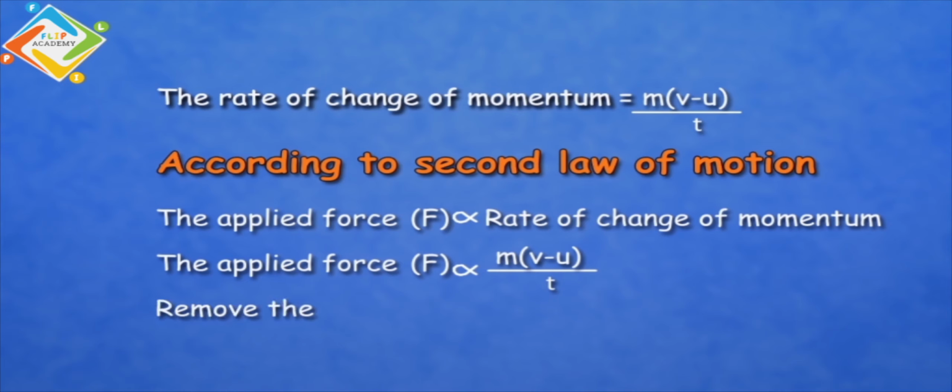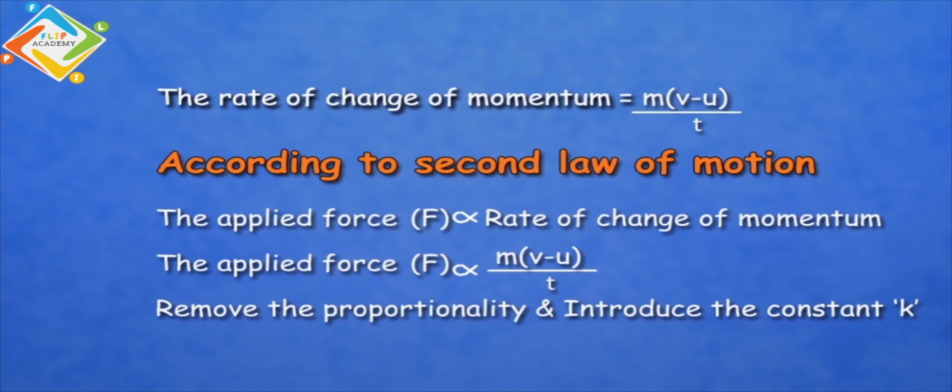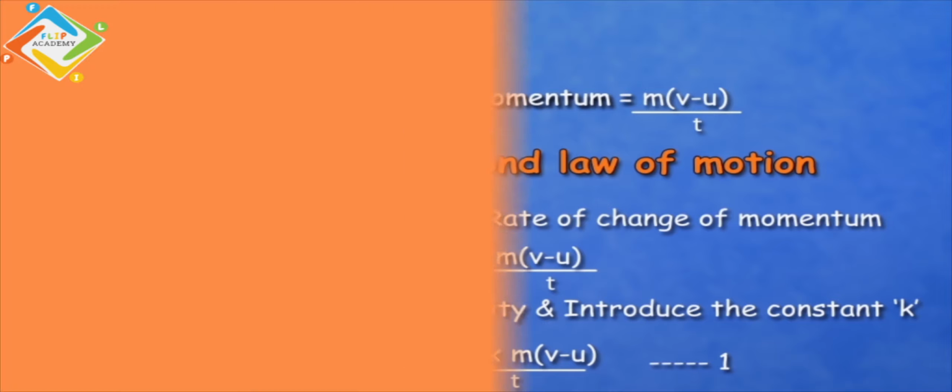Now, let's remove the proportionality between the two and introduce the constant K. So, the equation modifies to F is equals to K multiplied by m, multiplied by the bracket, inside the bracket there is v minus u, the whole equation is divided by t. Mark it as equation number 1.